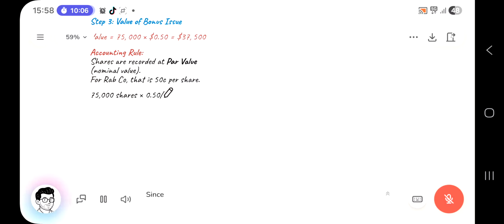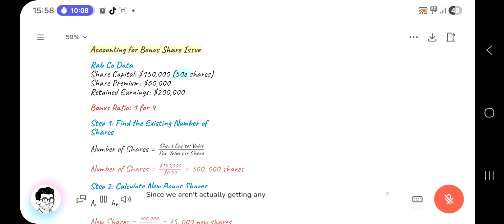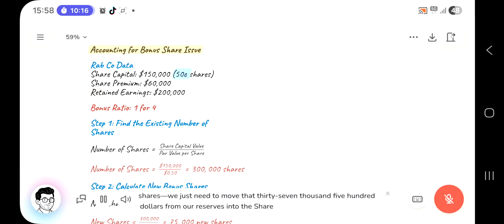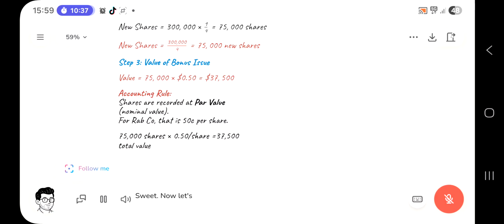Since we aren't actually getting any cash for these, they're bonus shares, we just need to move that $37,500 from our reserves into the share capital account. Make sense? Sweet.